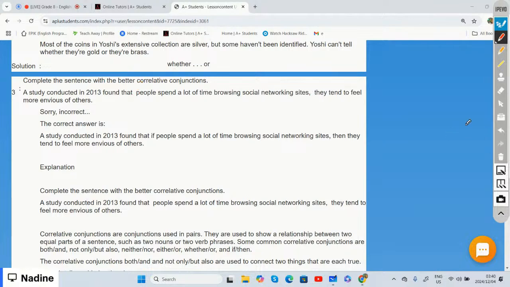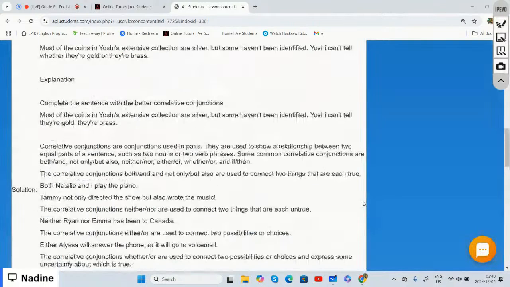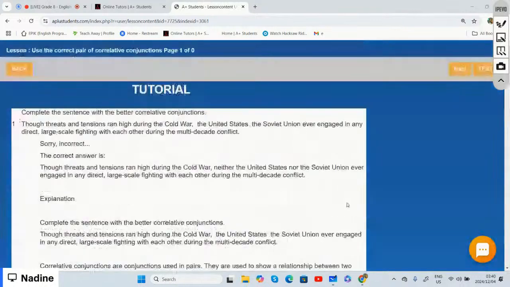So now we're going to our test, and we are going to choose between one of the correlative conjunction pairs and complete the sentence.